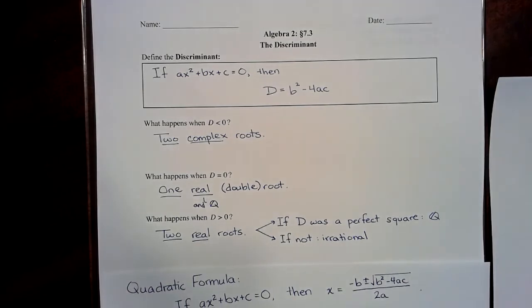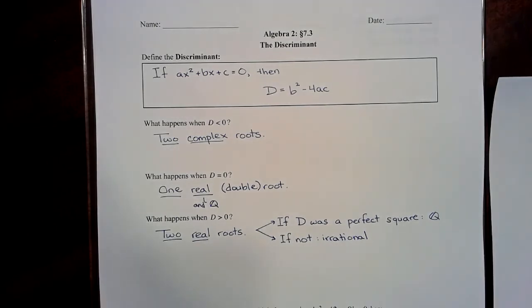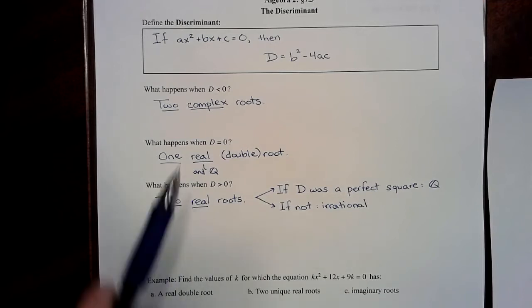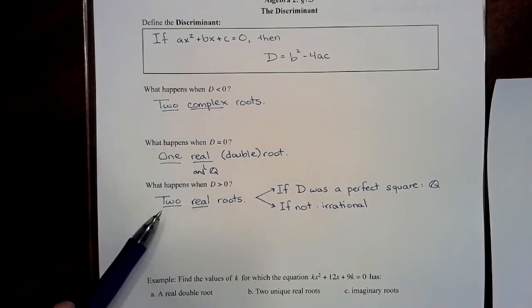Let's put this into practice on an example. We want to find the values for k for which some equation is going to have either a double root, two unique different real roots, or imaginary roots. I can figure out what kind of root we have based on the discriminant.